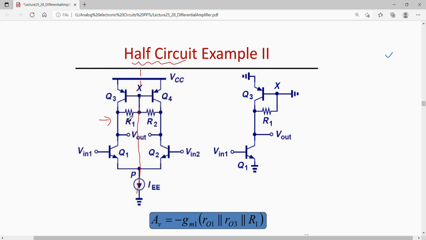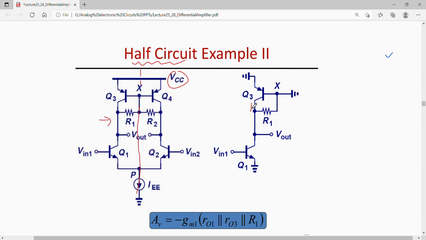Let us say this part we draw Q3, Q1, and R1 connected to node X, which is connected to ground in the small signal model. And the gain of this circuit, if I can find it, will be equal to the gain of this entire differential pair.